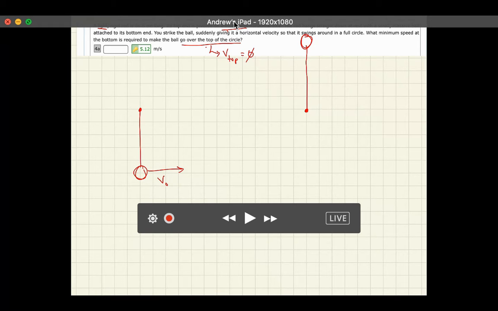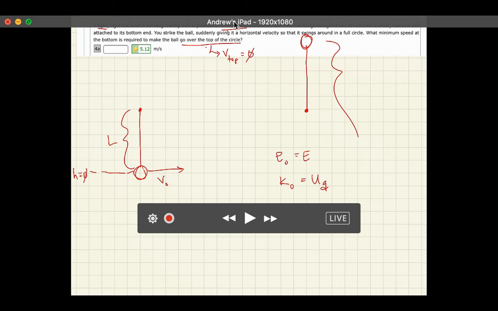So really, this problem is saying, truly conservative, the energy at the beginning is equal to the energy at the end. At the beginning, it will have kinetic energy, and at the end, it will have gravitational energy. What I know in this problem is the length of this rod is L. Let's define this initial position as height 0.